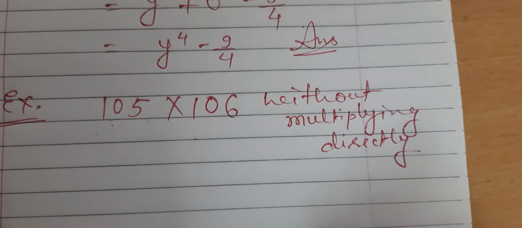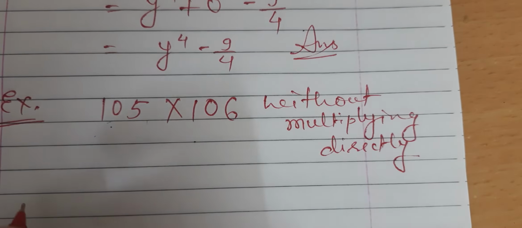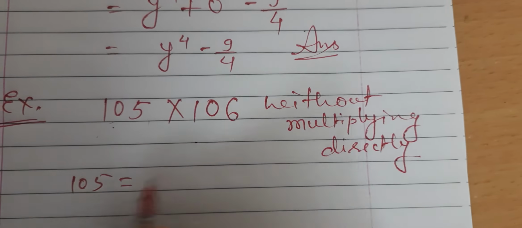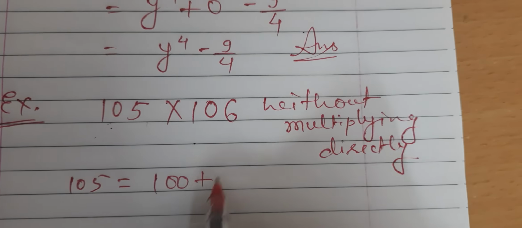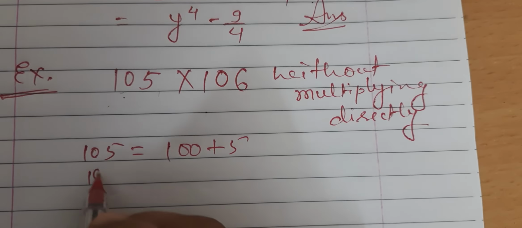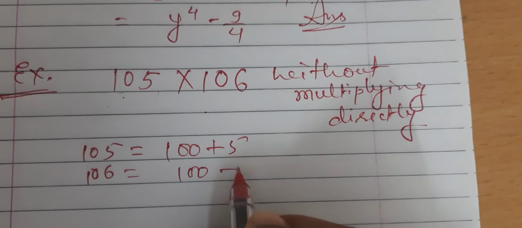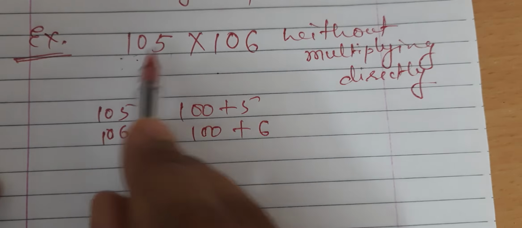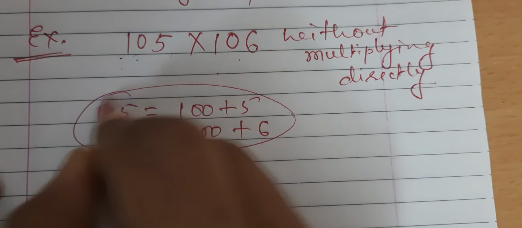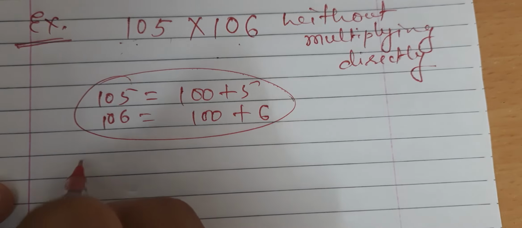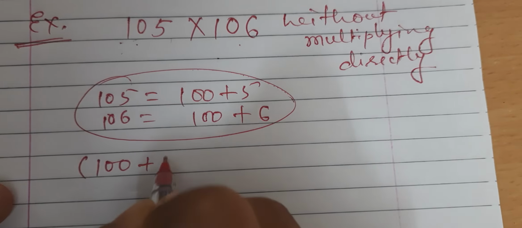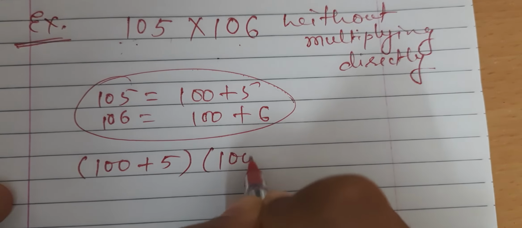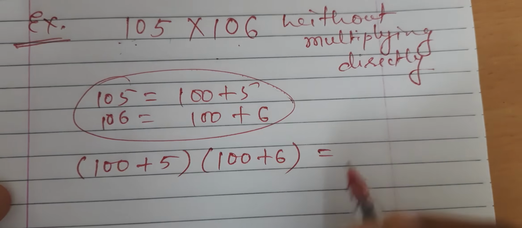When you observe, you will find that this 105 can be written as 100 plus 5, and 106 can also be written as 100 plus 6. So instead of writing 105 multiplied by 106, we can write it as 100 plus 5 multiplied by 100 plus 6.